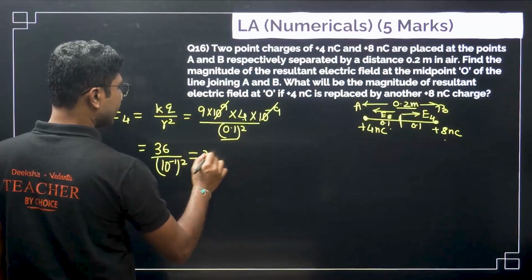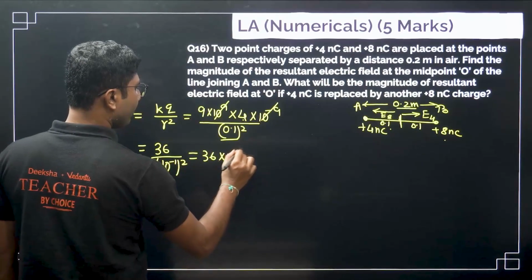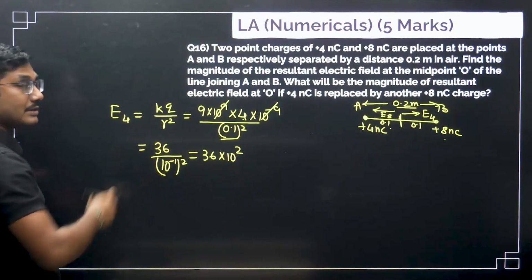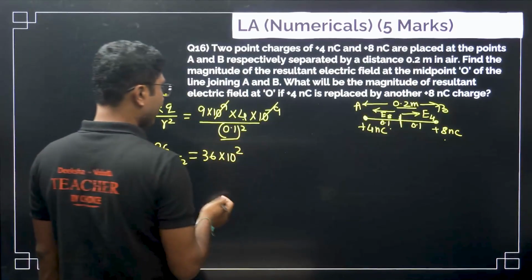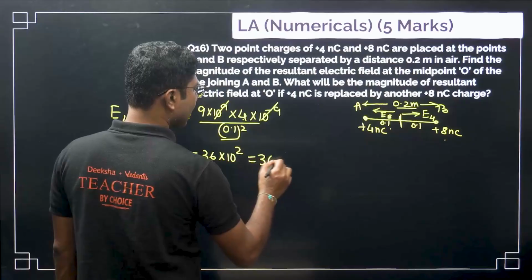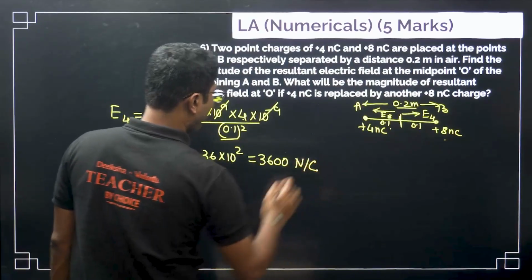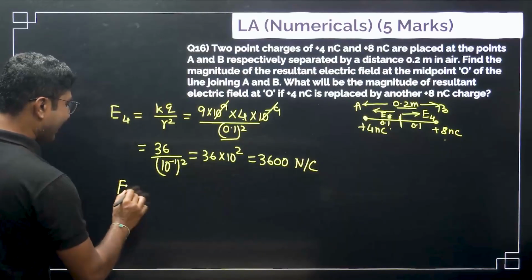So it will be 36 into 10 to the power of 2. Minus 1 goes up, becomes plus 1, and there is a square as well, so square means 10 square. So it will be 3600 Newton per Coulomb. So what will be E8 then?